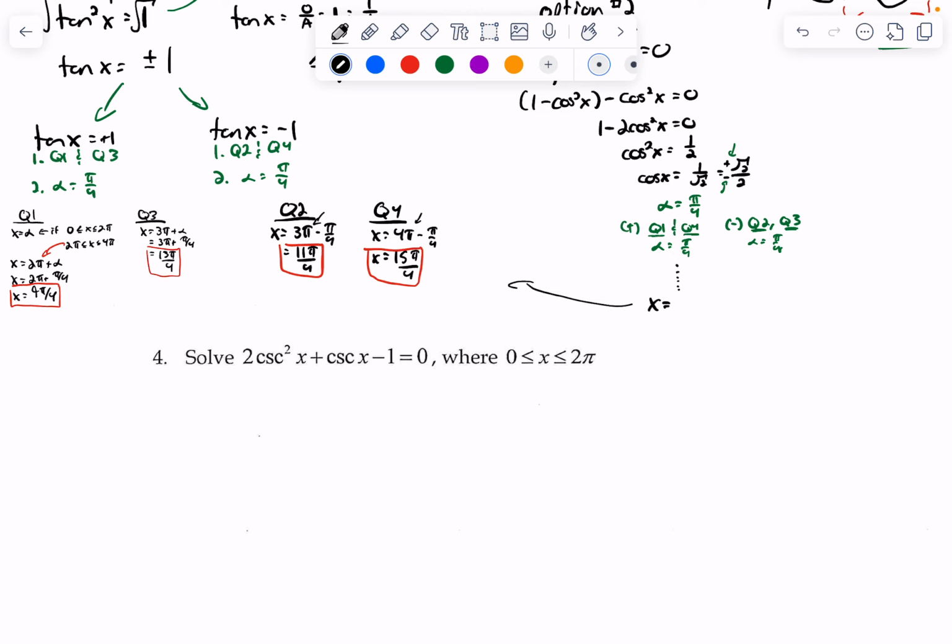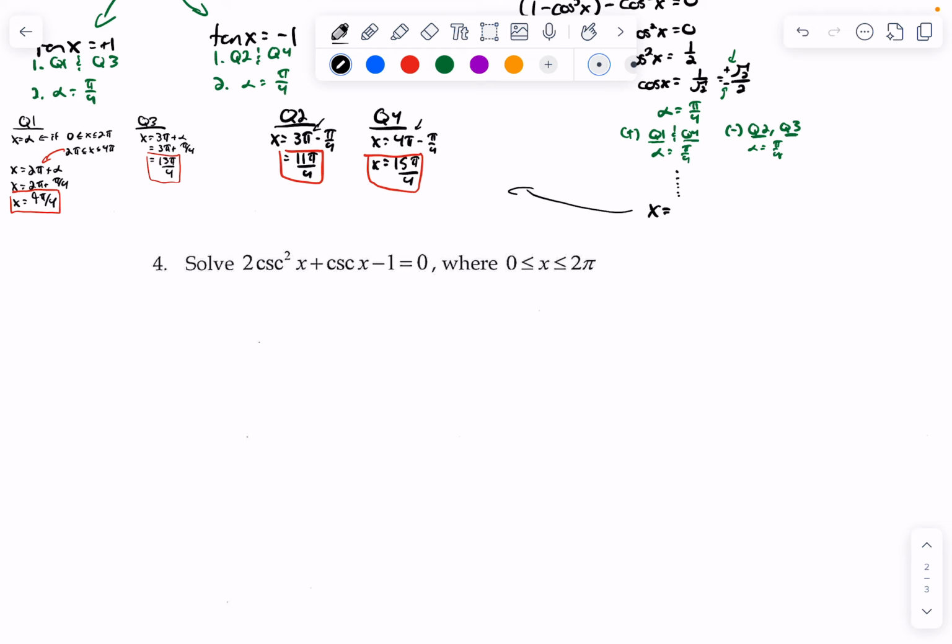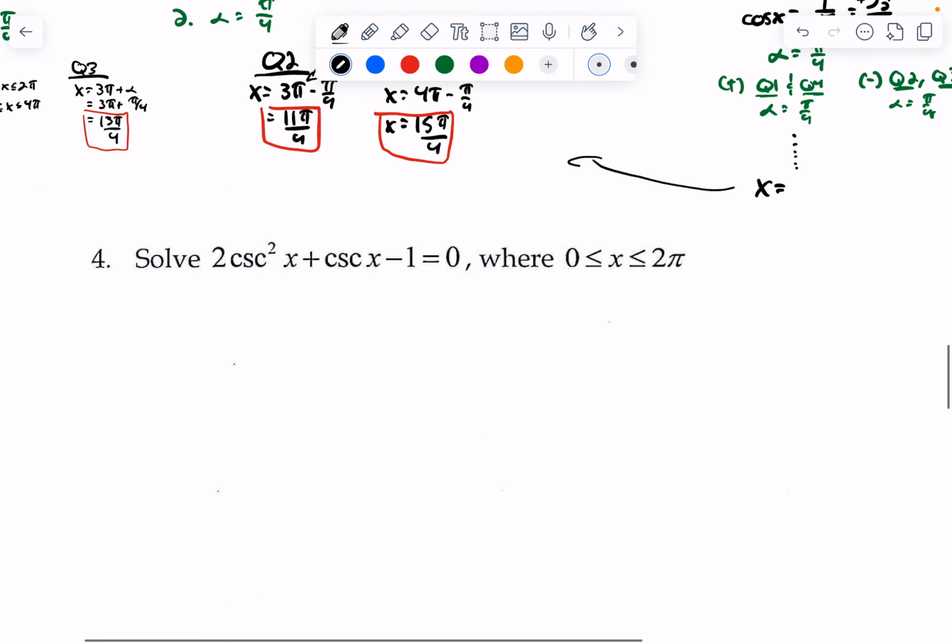And number 4, last one, I think. Yes, last one. Solve 2 cosecant squared x plus cosecant x minus 1. Well, again, this looks very familiar to ax squared plus bx plus c equals 0.